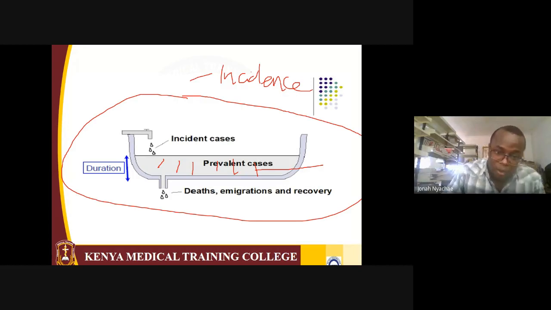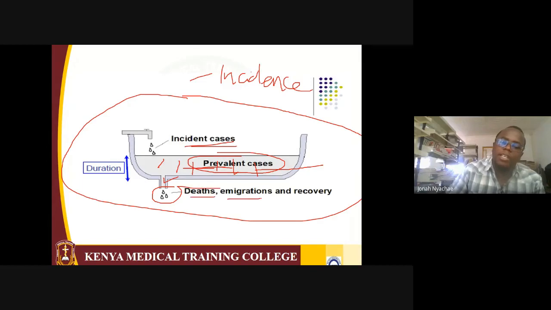So whatever is now being added to the already known cases is what is referred to as the incidence. And whatever is already known is what? The prevalent cases. And then we have those who are exiting, either in form of death, emigration, and recovery. So this is the duration.